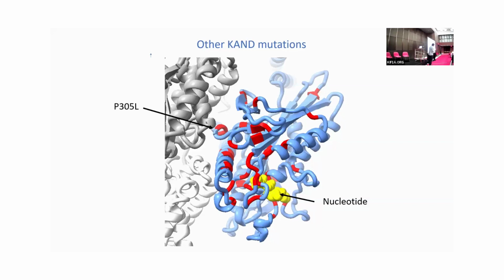And we are just happy to say we just got funded to actually do this work. An NIH grant just got approved to start doing structural work on these other KIF1A mutants, and we are happy to say that. And that's about it.